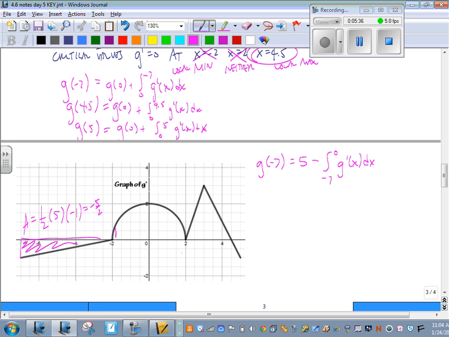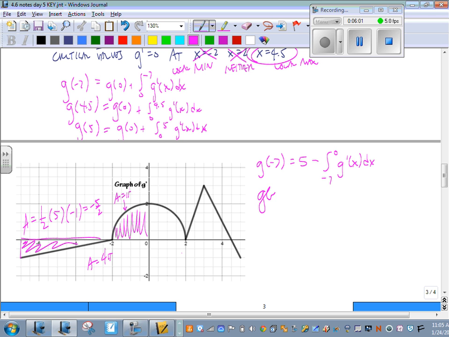And then we need to figure out the area of that quarter circle. We talked about this earlier, the full circle would be 4 pi, right? Pi r squared, radius of 2. But since this is a quarter circle, this area is going to be 1/4 of that, so the area is just pi. So -5/2 plus pi.